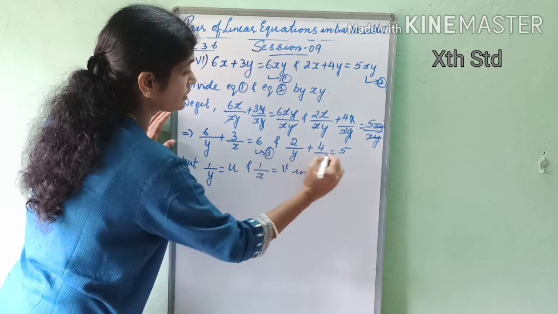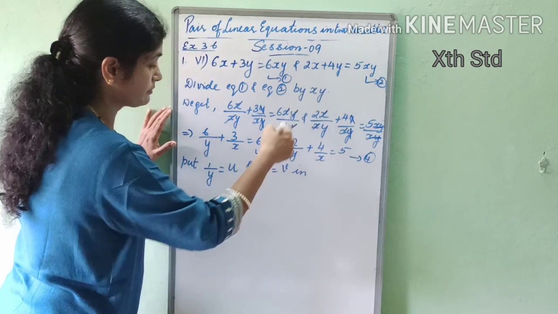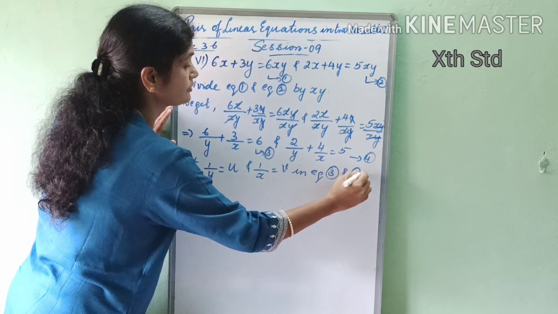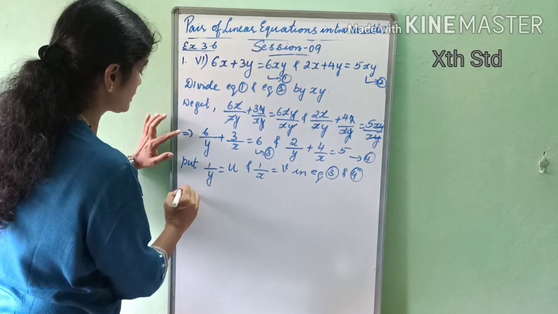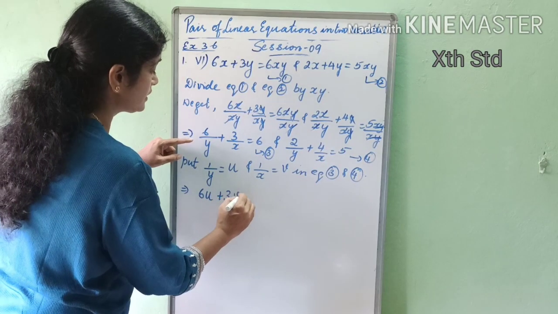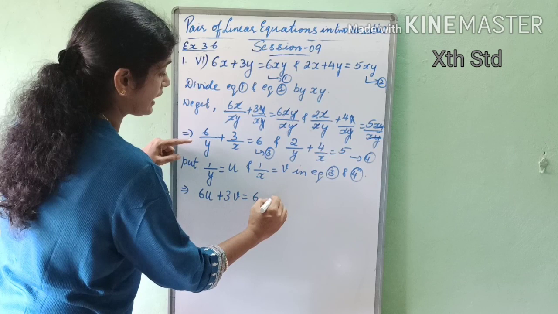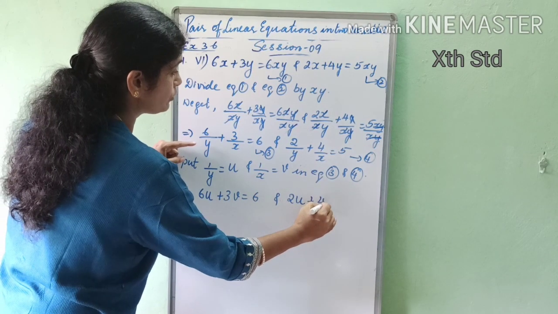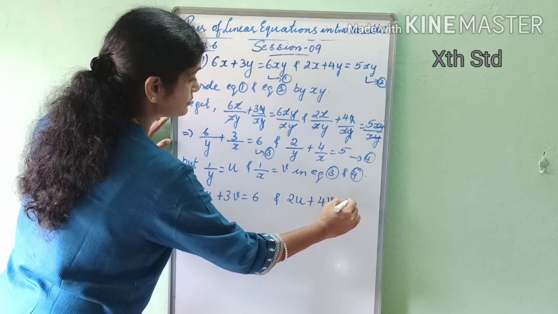This is equation 3 and equation 4 after simplifying. So once we take this, it becomes 6u plus 3v is equal to 6, and 2u plus 4v is equal to 5.